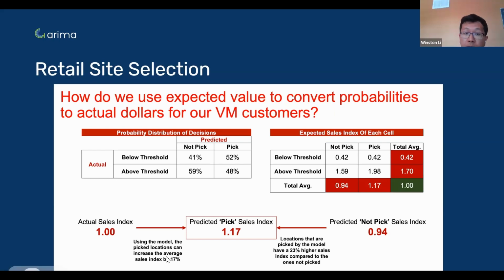And in the end, you can see they increased average sales by 17% just by moving machines to an optimal location from a model that makes predictions based on historical revenue and population around the area.